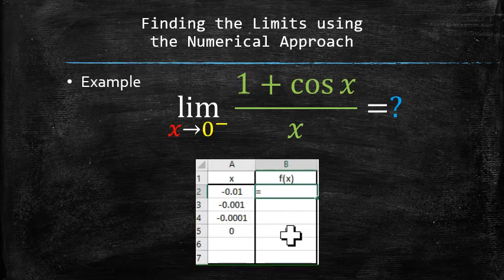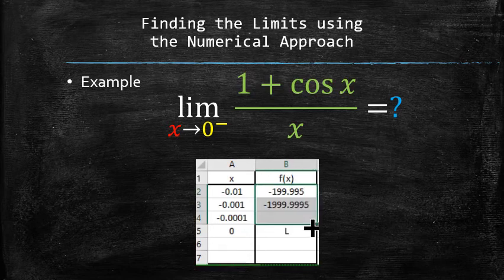And for each of the inputs, we're going to find the output using the definition of the function. So it is 1 plus cosine of the input divided by the input. And then we're going to apply this formula for all inputs that we're interested in.